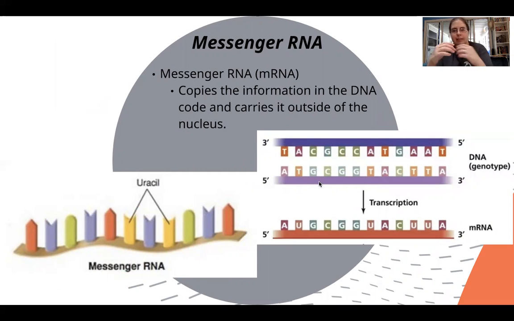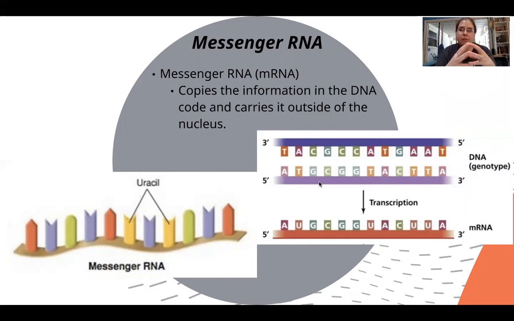What this is, is a copy of the information from the DNA. Now, it's not the whole DNA copied. It's a section. Specifically, it's a gene. So we copy a single gene in the form of messenger RNA. Now, the reason why we do this is because DNA is located inside of the nucleus.